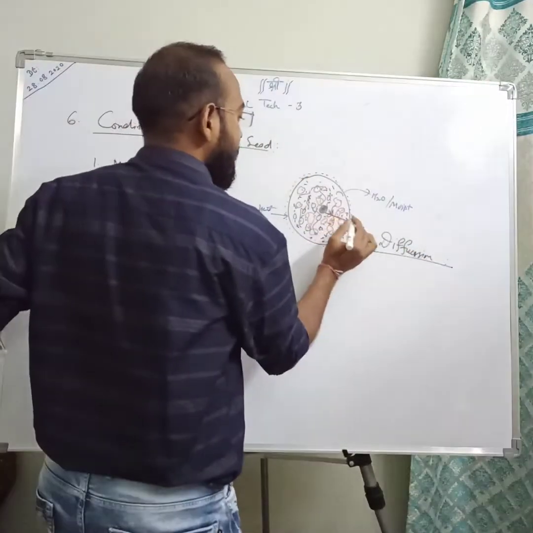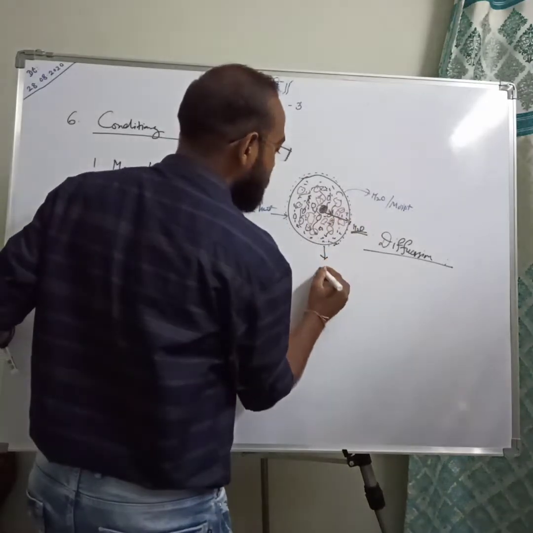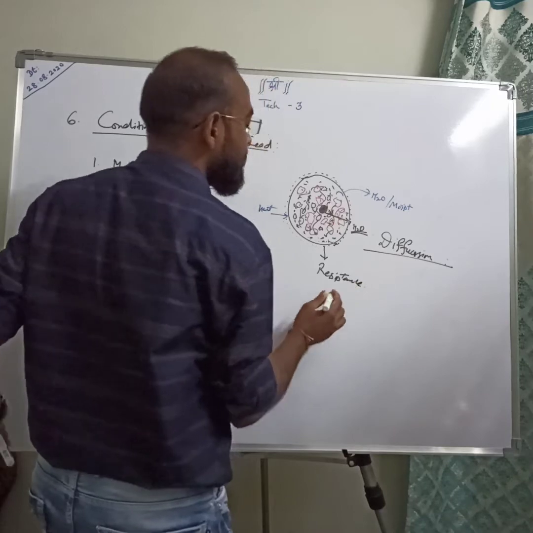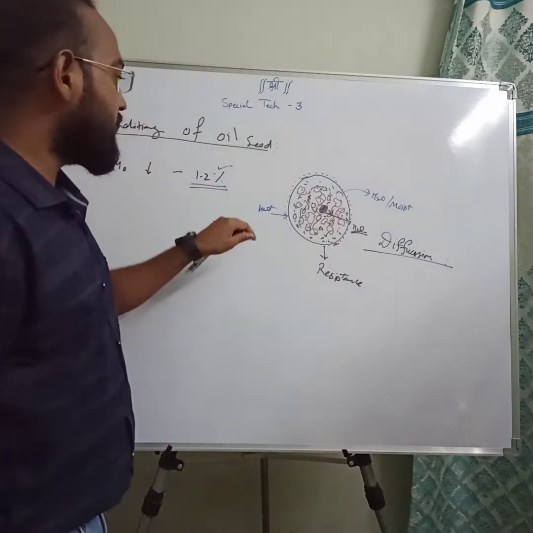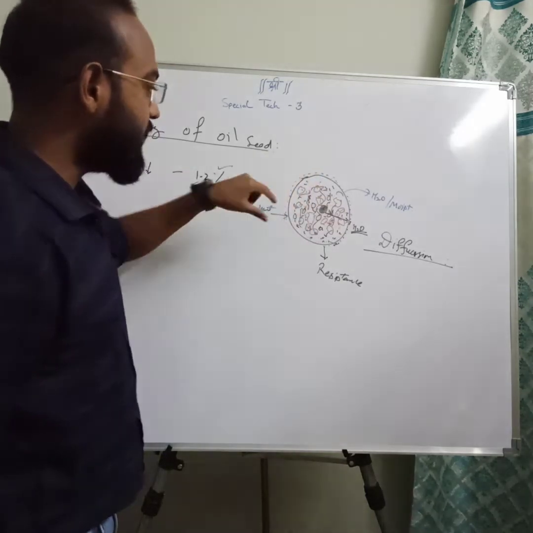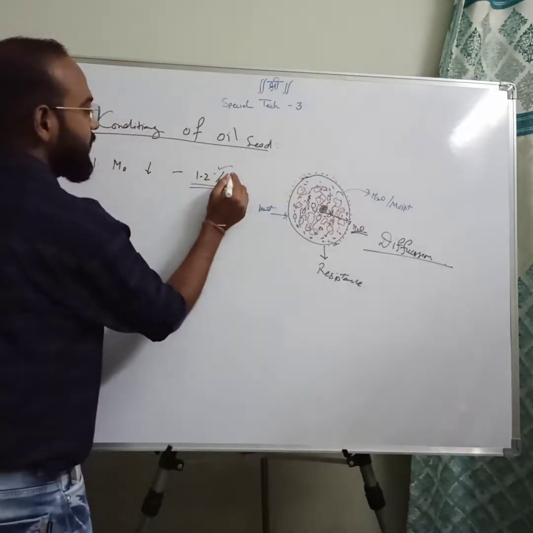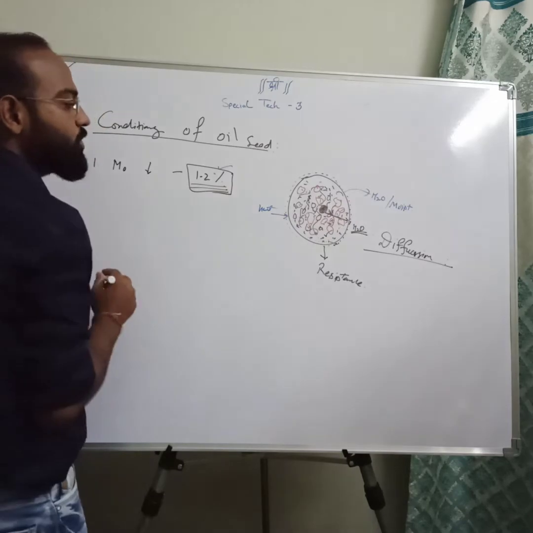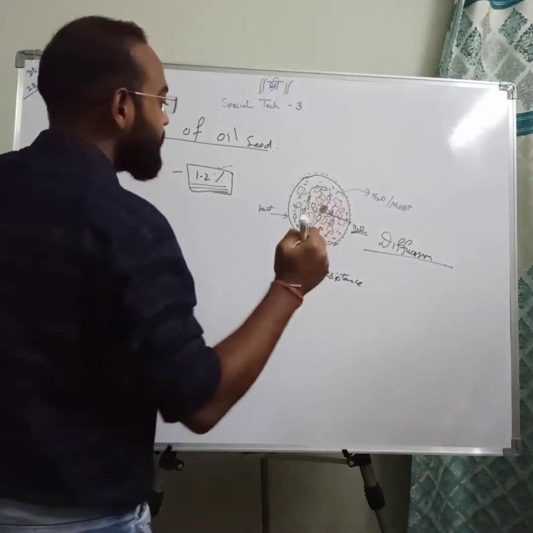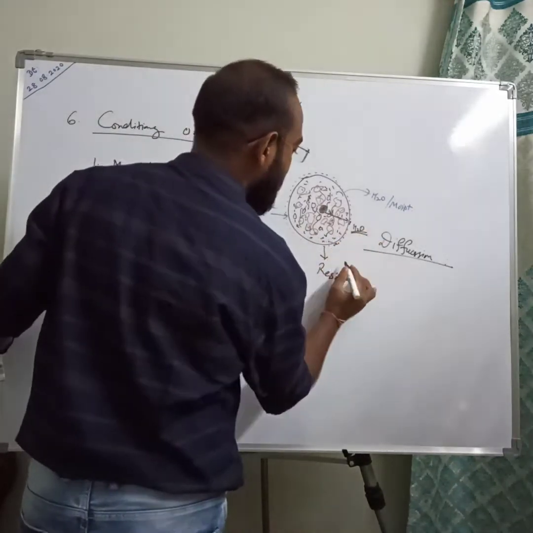In this case, a new resistance layer is formed on the outside surface of the seed due to less moisture content. Due to very little moisture content, it comes to the outer surface and forms a small thin layer of water, and oil will mix.